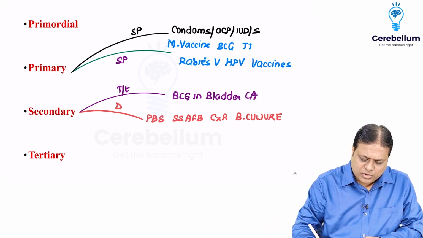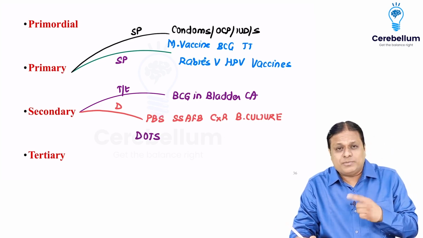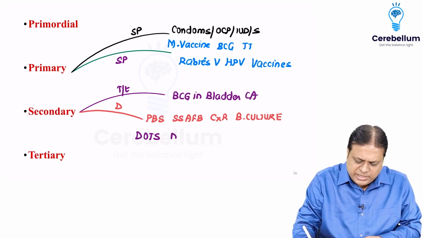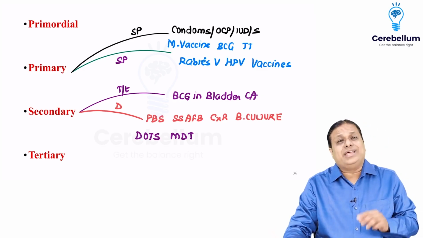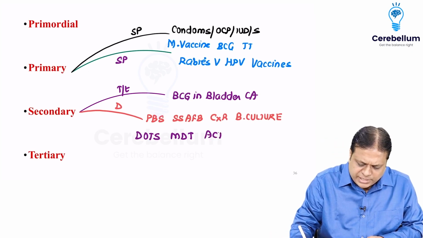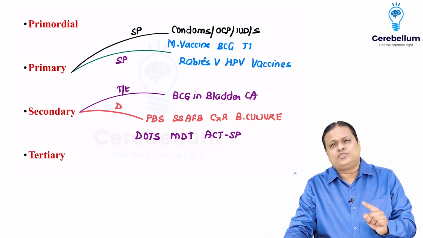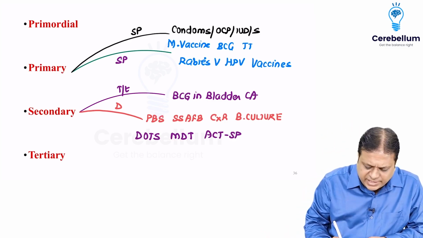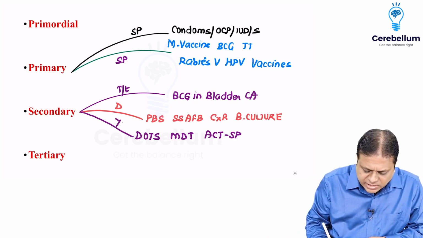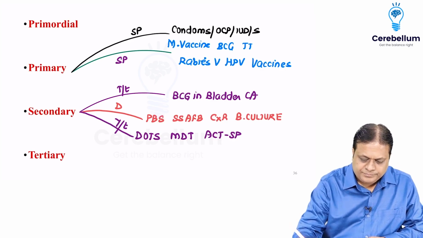When we look at DOTS, directly observed treatment short course, treatment of tuberculosis, MDT, multi-drug therapy, treatment of leprosy, artesunate based combination therapy with sulfadoxine pyrimethamine, drug of choice for malaria. These are treatment modalities, secondary level of prevention.